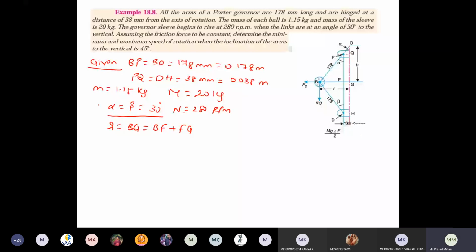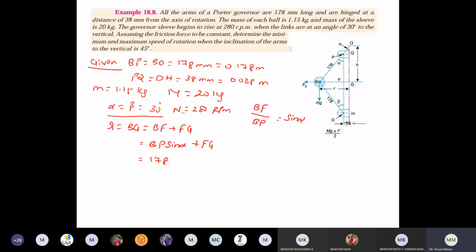BF by BP is equal to sin alpha. From this I can write BF is nothing but BP into sin alpha, plus FG. FG, they have already given as the distance. What is the BP length? 178 mm.